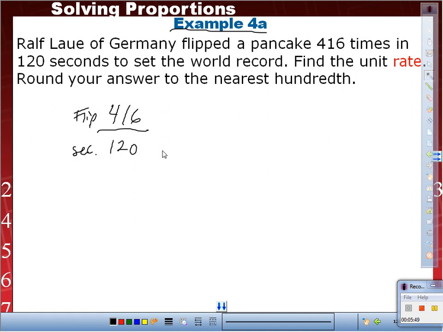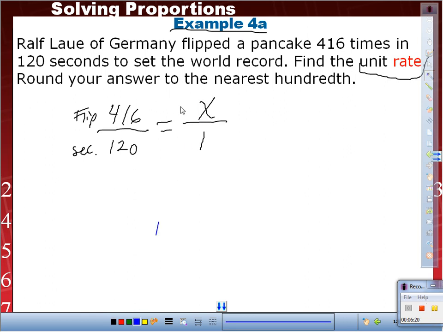Okay. Now let's set up our proportion. Equal to blank, because they want us to find the unit rate. So which one is going to become 1? The 416 or the 120? 120, because we want to find out how many times he flipped it in 1 second. So do we know how many times he flipped it? No, that's where we label it x.